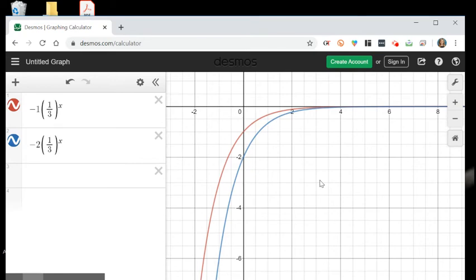Good. All right. So again, the A, our first term there, does shift the graph. Other things we can look at is we can also compare the B's. I know we did that on our packet, but when you're using one of these online graphing calculators, it makes it a little bit easier to see how things change.